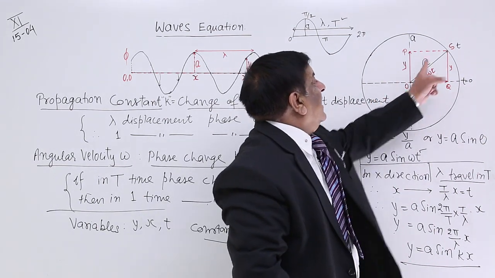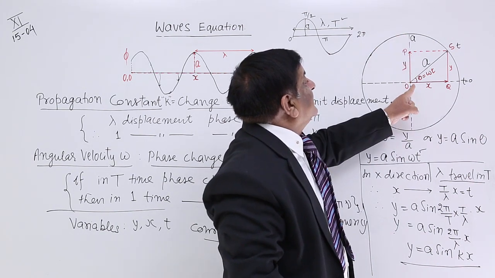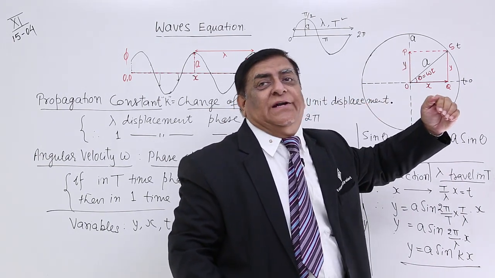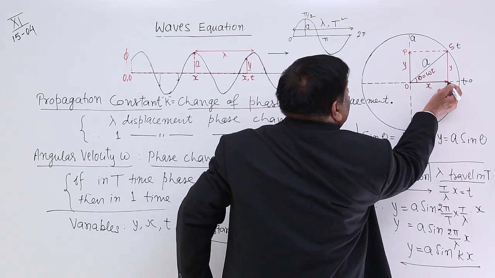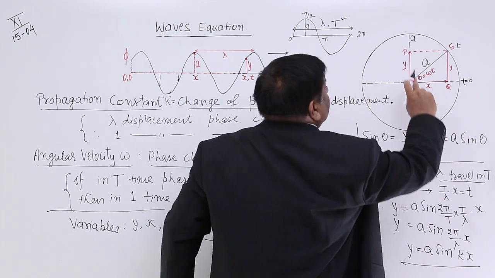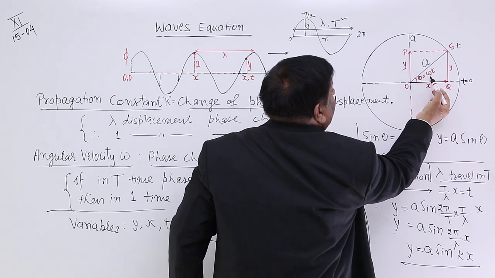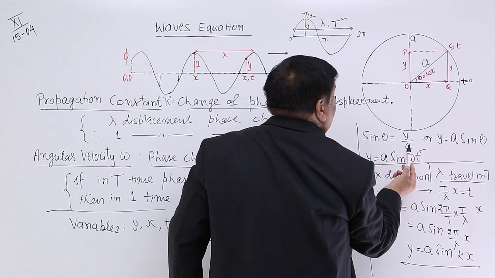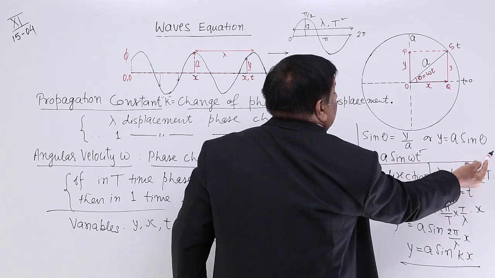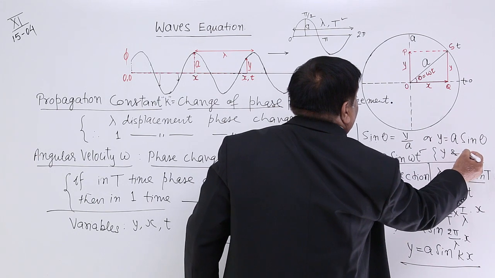Now in this graph, this is the displacement y, and if we take the wave, how much the wave has moved in the forward direction at that time is the displacement x. But right now we are considering only y and time. So we have the relation y upon a is equal to sine omega t, that is sine theta. So y is equal to a sine theta, that is y is equal to a sine omega t. This is the relation between y and t.